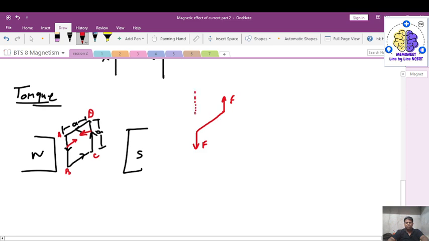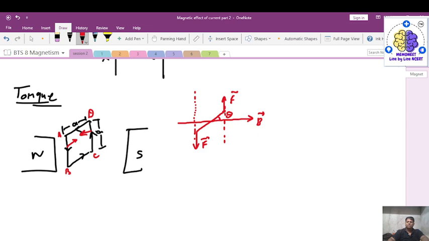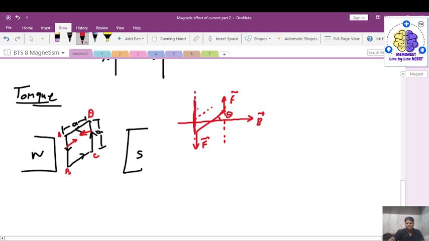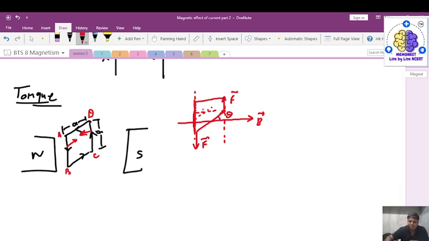So if this is the line of action and this is the magnetic field B vector, this F vector, and the angle between the coil and the magnetic field is theta, then if I join this like this, hold on, okay, let me draw it again.